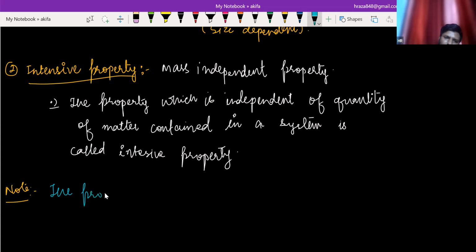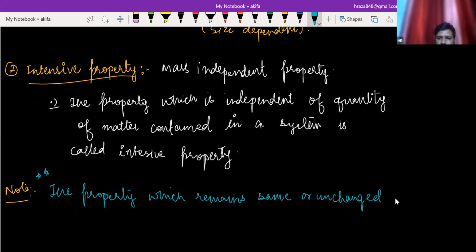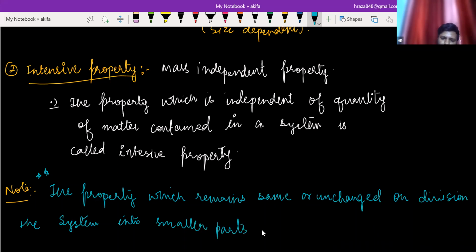The property, this is very important, the property which remains same, or you can say unchanged, on division of the system into smaller parts is called intensive.